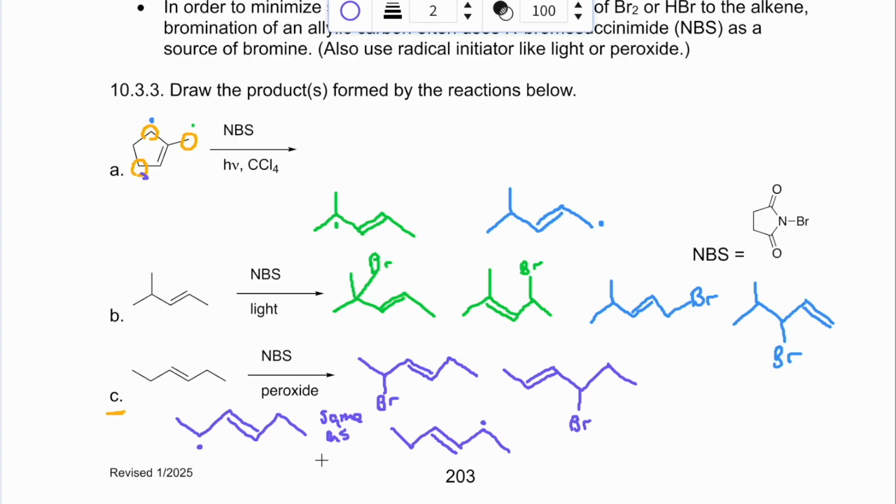And so I just picked one of these to create the 2 products that can form. There's probably more than that because of E and Z possibilities. The ones that I've drawn, the E possibilities, are going to form in a greater proportion because they are more stable.